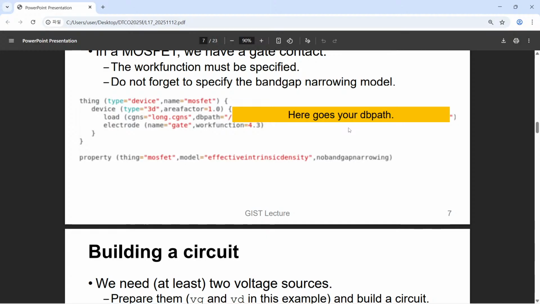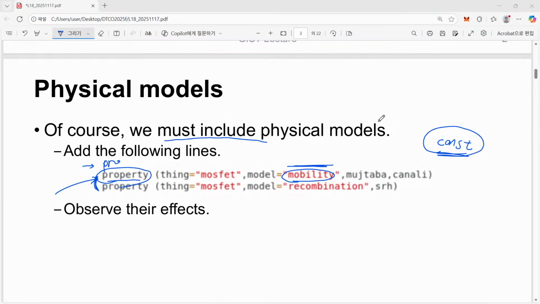It means that all of us are using the same material parameters. If you just change your parameters, then you can improve your device performance quite easily, but this is not physically available. So please do not change your DB path file. I think that you don't have any write privilege to modify that file.